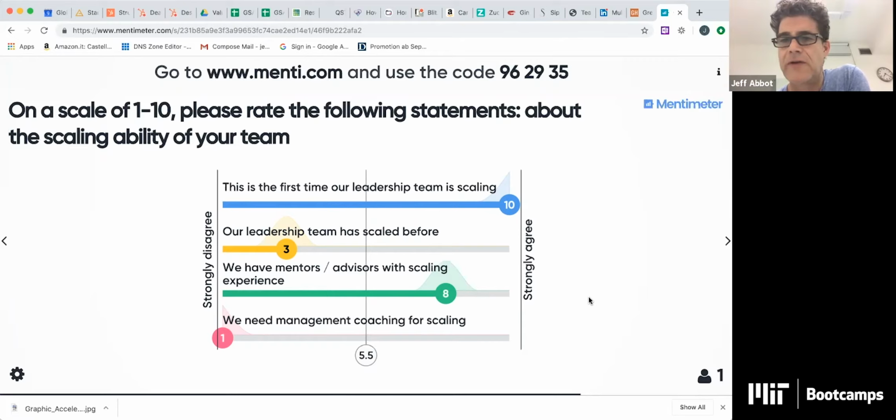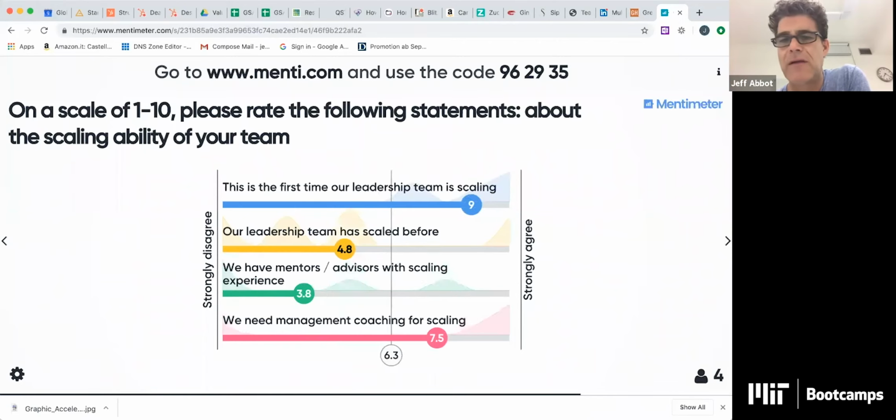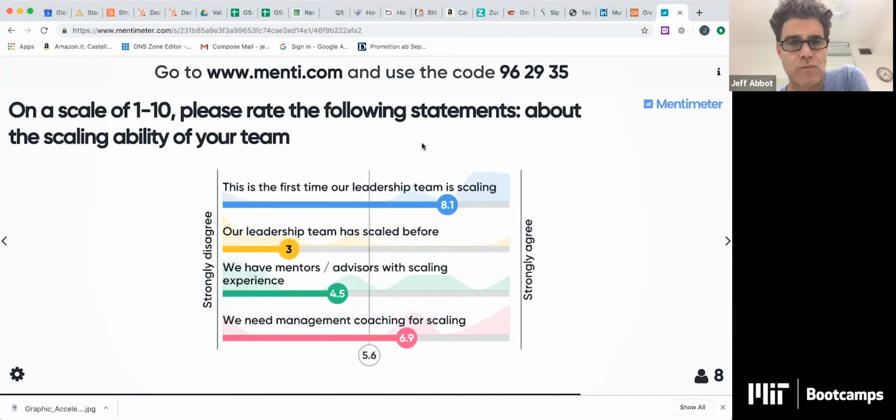Or do you feel that you need additional coaching relating to scaling from the point of view of management? You as the leaders and the managers of the company, do you feel that you need advice and coaching on scaling?